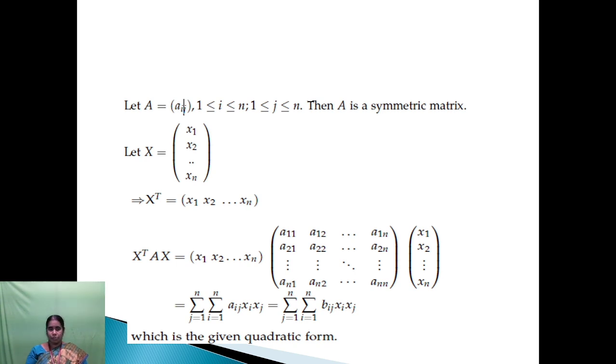Let capital X denote the variables x1 to xn. Then x transpose is obtained by changing the column into a row: x1, x2, up to xn. Now x transpose AX can be calculated as summation j equal to 1 to n, i equal to 1 to n, aij into xi xj, which is equivalent to summation bij xi xj, which is the given quadratic form.